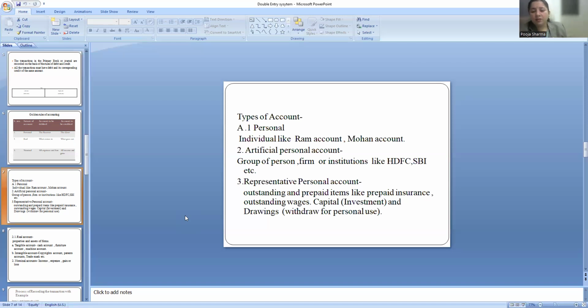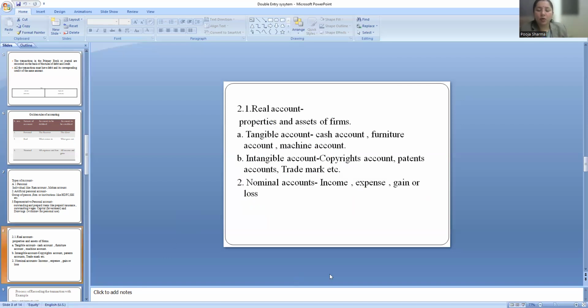The most important concept in the personal account is the representative personal account, where you will write about outstanding and prepaid expenses, drawings, and capital. Second, the real account is the one in which property and assets come. When a transaction includes property and assets, you will see the rule of the real account.